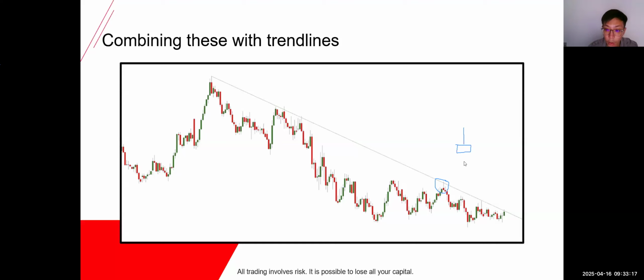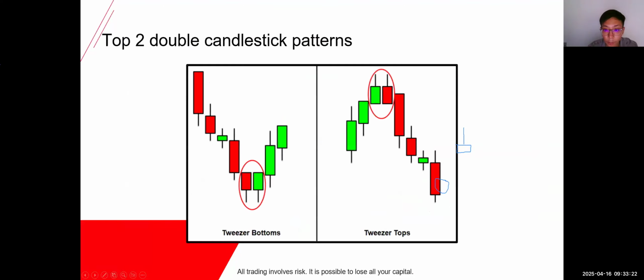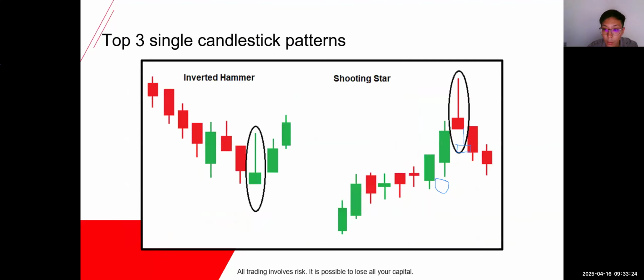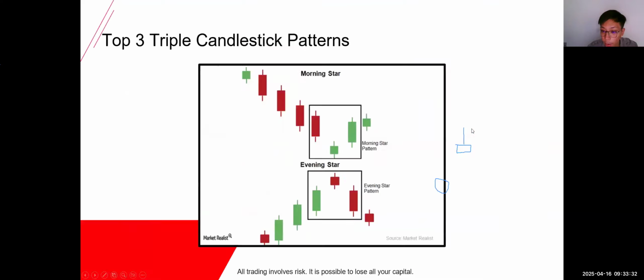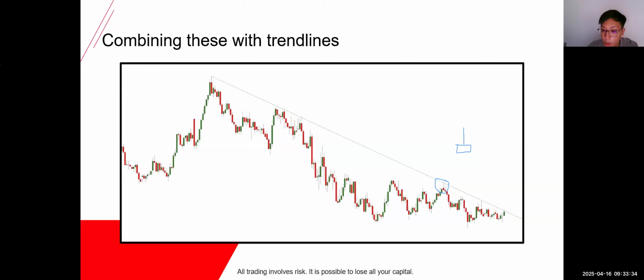Sorry, wait, let me double check. Oh, sorry, it's a shooting star, because we have bullish, bearish, bearish. If I go back and see this, bullish, bearish, bearish. Yep, so this is our shooting star.